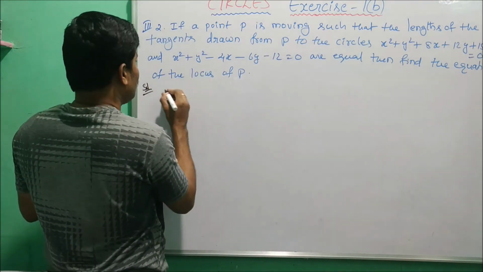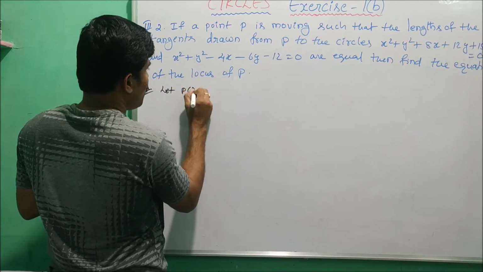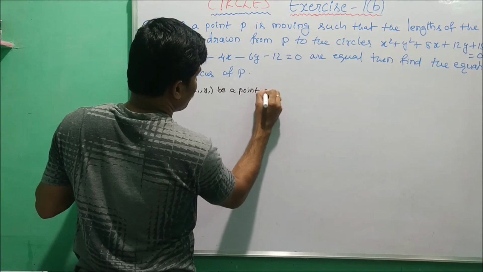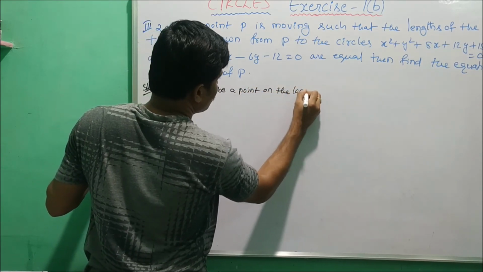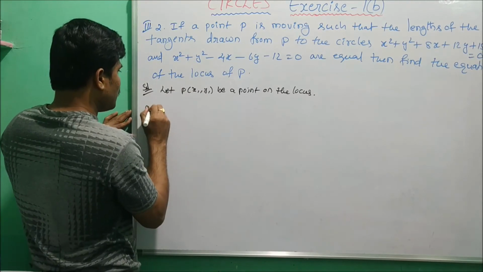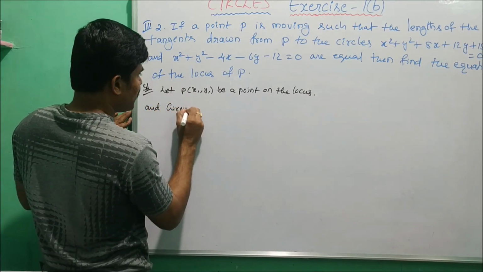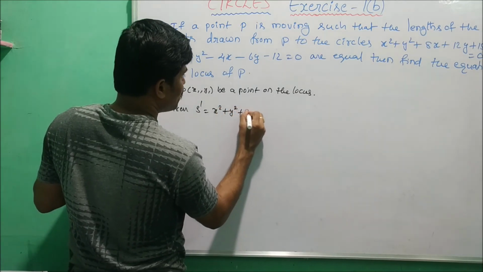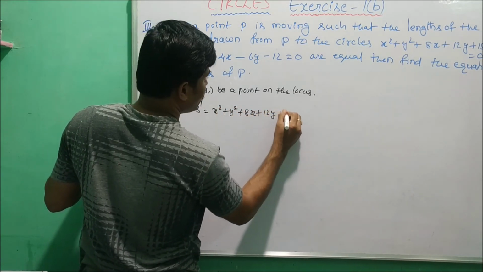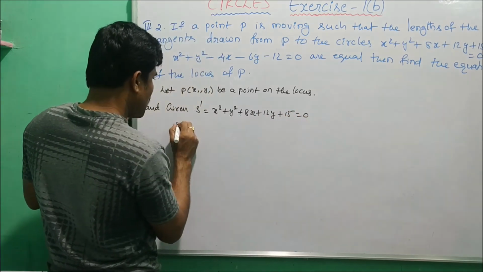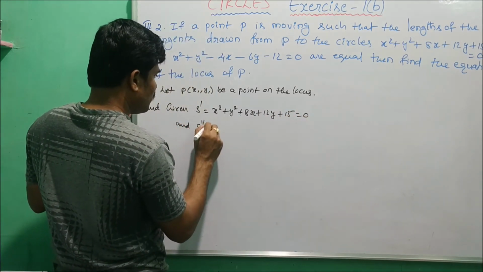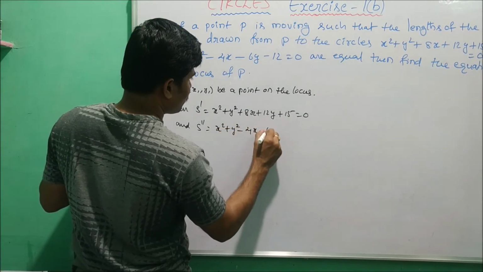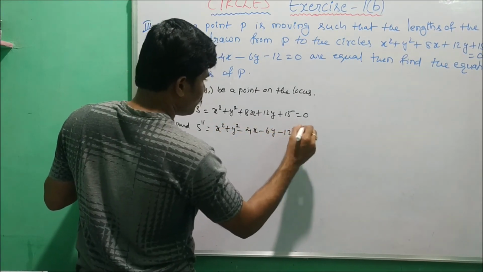First we write, let P(x1, y1) be a point on the locus. The given equations of circles are s dash equals x square plus y square plus 8x plus 12y plus 15 equals 0, and the second circle is x square plus y square minus 4x minus 6y minus 12 equals 0.